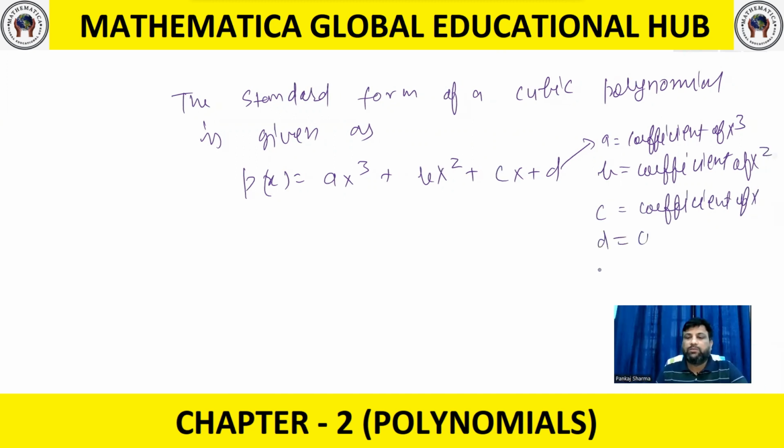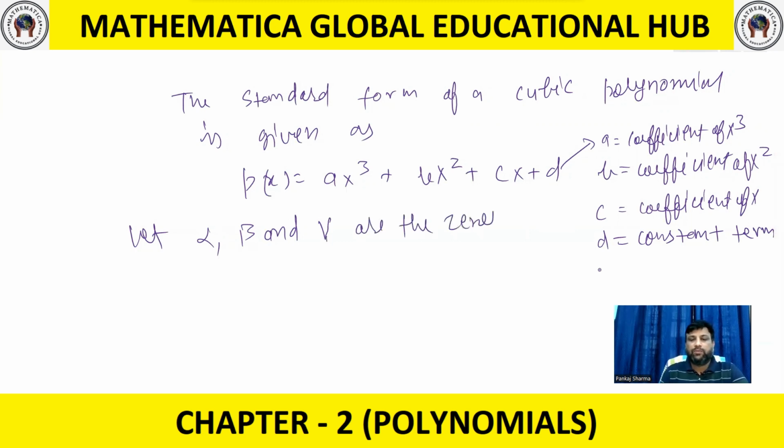And d means the constant term. So here let alpha, beta and gamma be the zeros of the cubic polynomial.